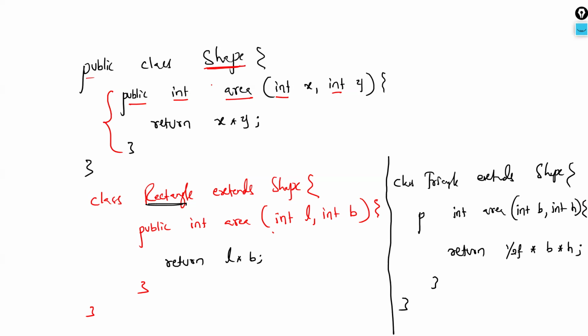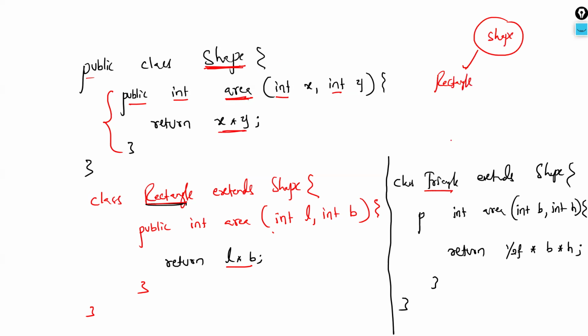And this is one example of a dummy area method doing something. But actually, according to the shape, we can change that logic. For triangle, half into base into height. Then rhombus, d1 into d2 by 2. Like that parallelogram, base into height. So we can use this Shape class as a parent class, and we can take any number of children, and in each child class, we can change the logic wherever the two inputs are required.